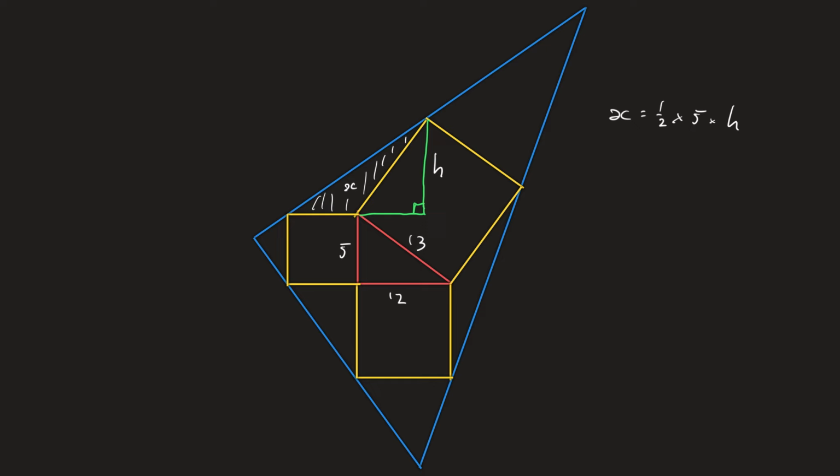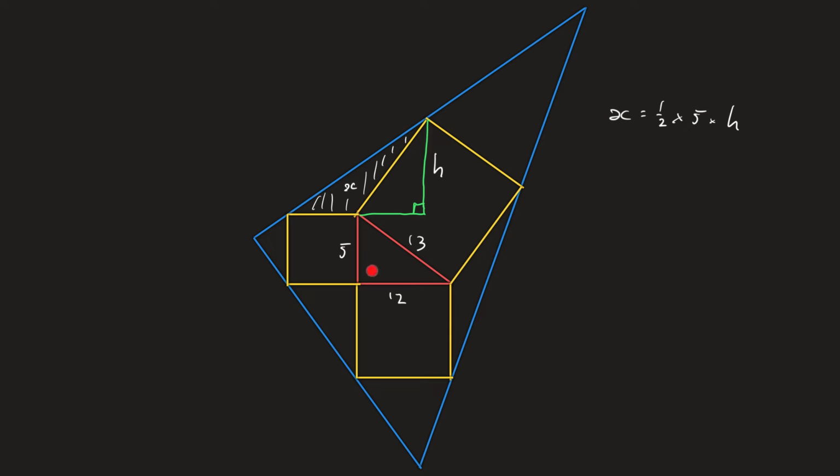This angle is 180 degrees minus this angle here, because together they form a straight line. But this angle is 180 degrees minus this angle, so this angle is just this angle here. So because this angle is the same as this angle, this tells us that if we rotate this red triangle about this point, then these two lines will coincide with these two lines here.